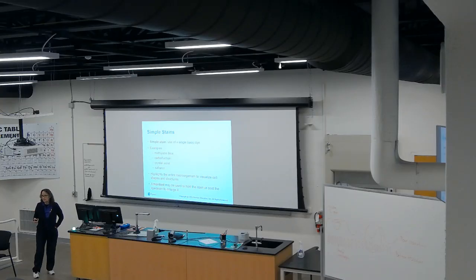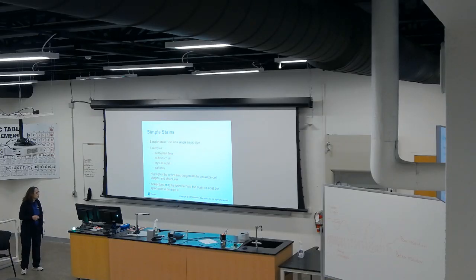Now, classification of staining. Well, you can classify the stains based on the number of chromophores or dyes that you use into simple or differential. Simple, it is when you use one stain, and differential when you use two stains or more sometimes.